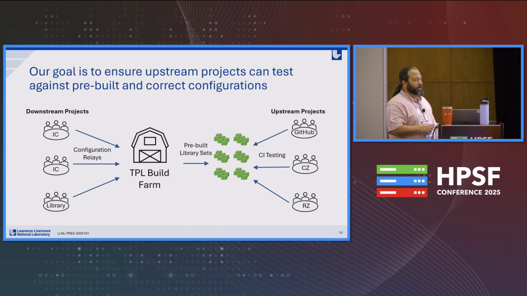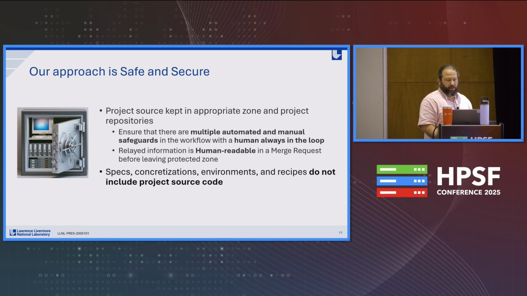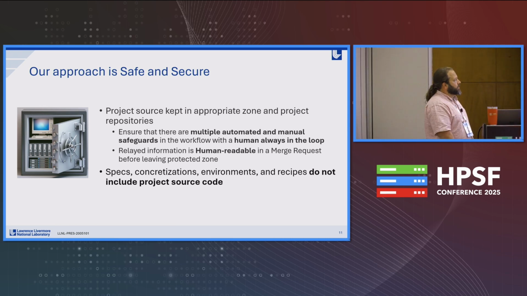We are unique in many ways in that we have restricted projects, but they may live in the restricted zone or the CZ zone or the GitHub. Wherever their dependencies are, they can now build against these pre-built libraries and ensure that they are not breaking everyone. Of course, this scares managers and security people.